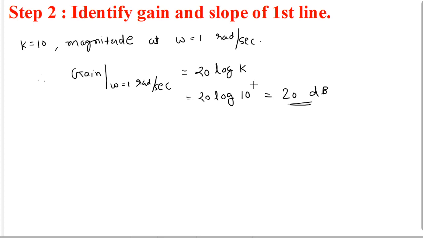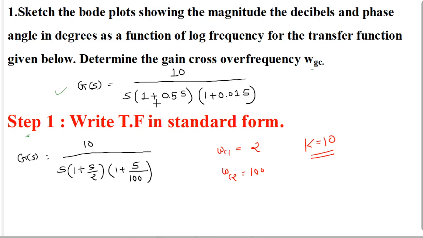Now you can see here in the transfer function there is one pole at the origin, because s equal to 0.